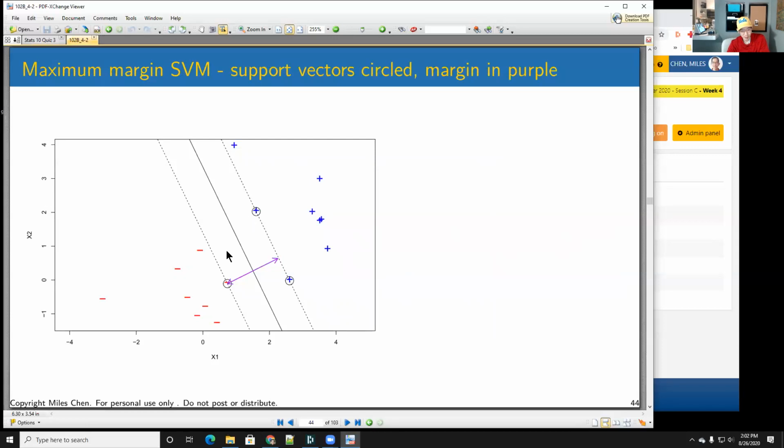So basically these 3 vectors are what determine the boundary. Visually, is that also okay? The idea of adding a whole bunch of points and how the location of this boundary remains unchanged.